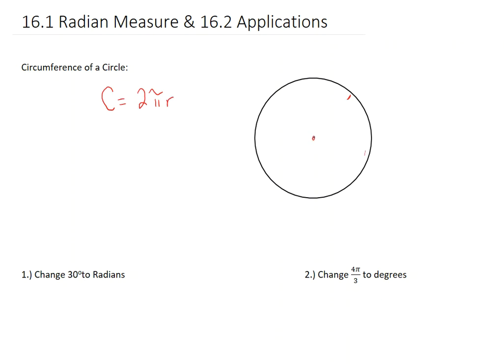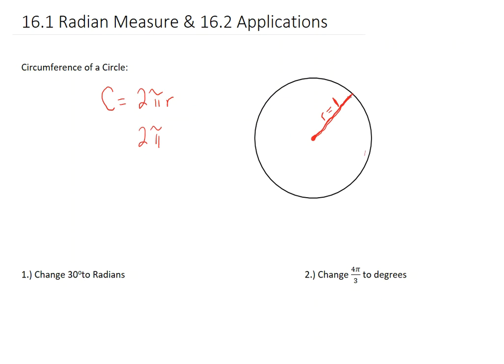If you think about what that is, the radius is from here to here, and if we establish the radius to be 1, then the circumference of a circle at 1 unit would be 2 pi.